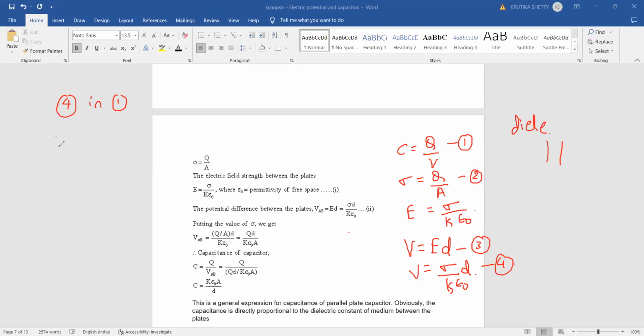Equation 1: C is equal to Q divided by V. What is the V value? It is sigma D divided by K epsilon naught.